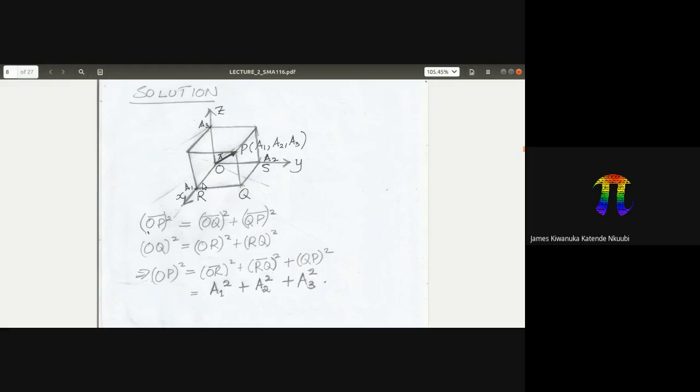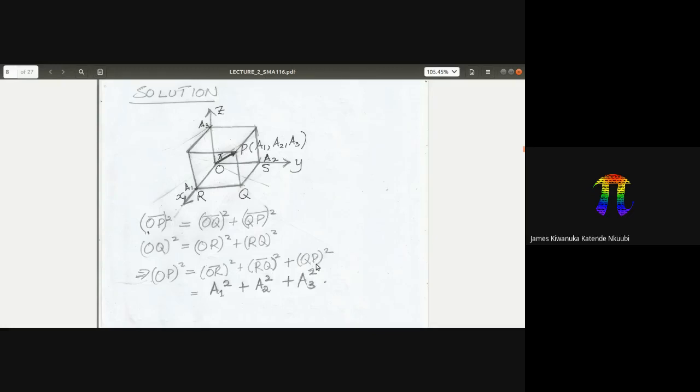But OR is just this distance A1, so I can write it as A1 squared. RQ is this distance, but it's the same as the distance from O to S, which is A2. So I can write it as A2 squared. And then QP is this distance, but QP is exactly the same distance as this distance from O to the top of this cube. And that is the distance A3.